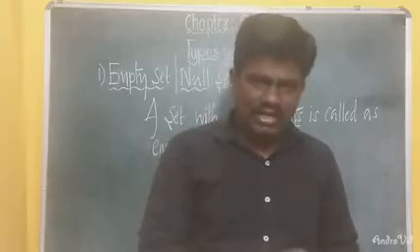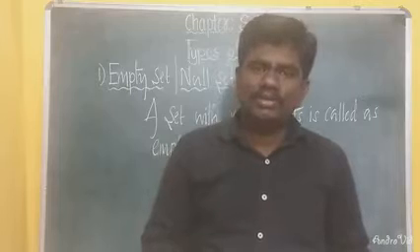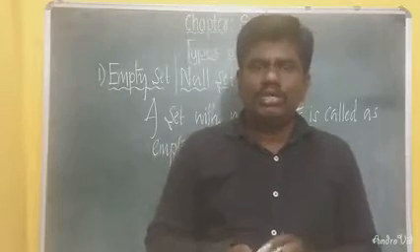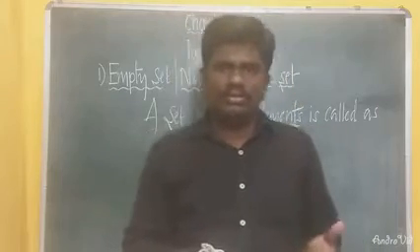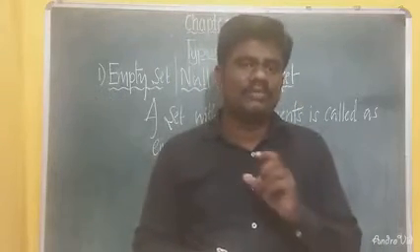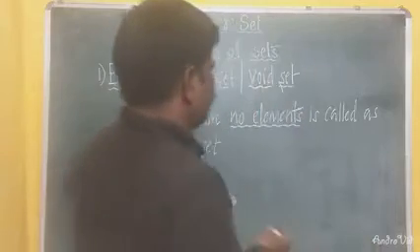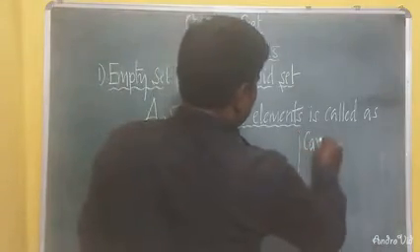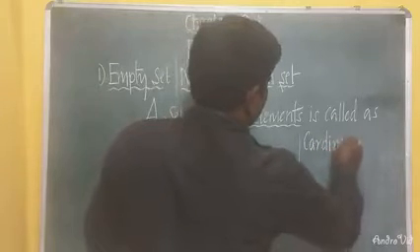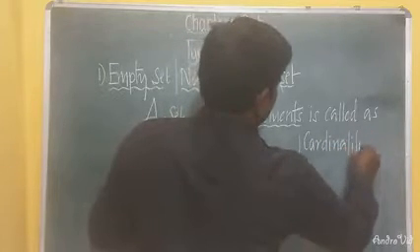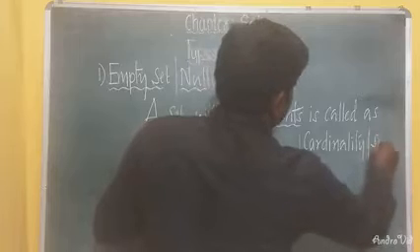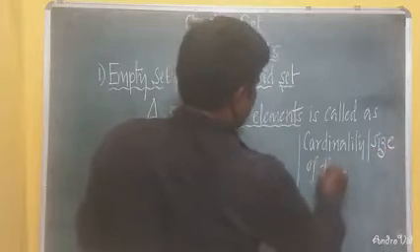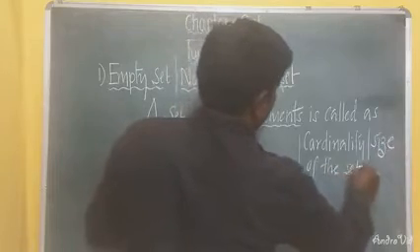You know what is a cardinality? Cardinality means the number of elements in the set. Even cardinality is also sometimes called the size of the set. See, cardinality or size of the set, both are the same.